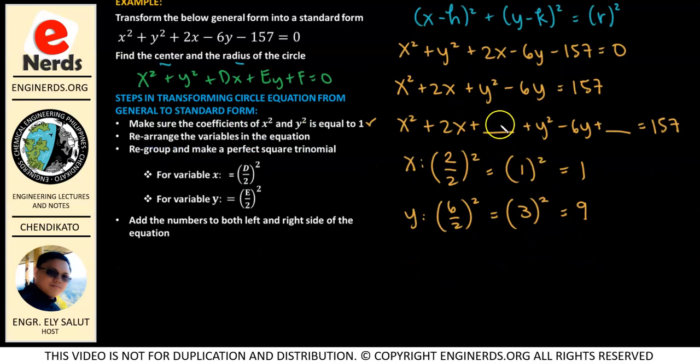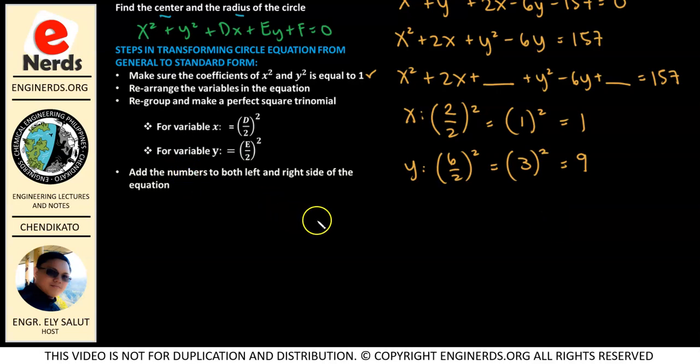Okay, so, meron na tayong answer dito at dito, no? But, if we add that here and here, we need to add that also sa right side ng ating equation. So, let me write that here now. We have x squared plus 2x plus yung constant ng ating x, which is equal to 1. Then, plus y squared minus 6y, so this will be negative.